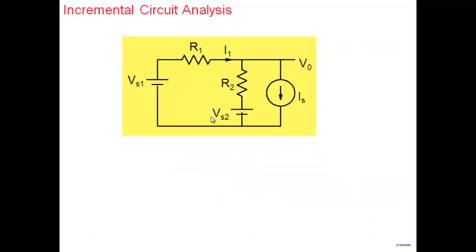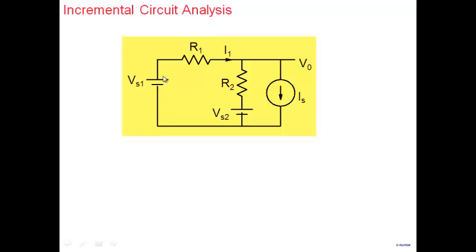Anyway, let's go forward with our discussion related to the small signal model. The story of the small signal model begins with what we call incremental circuit analysis. You might have seen this slide earlier also, but let me set the story here.